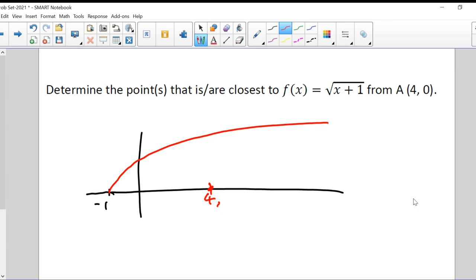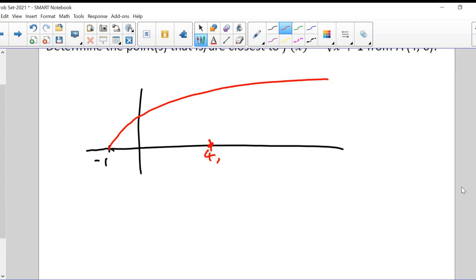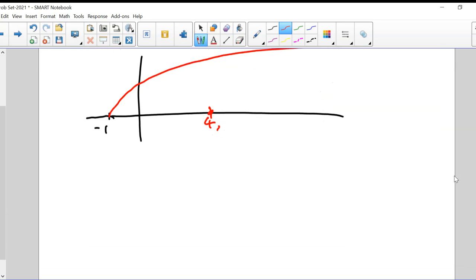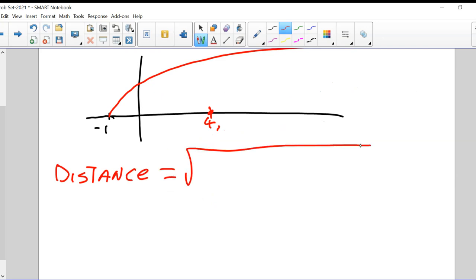Well done. So let me remind you, I know you're in grade 12 now and you think, boy, that was like grade 10. Yeah, that was grade 10. Let me remind you what that distance formula looks like. This is the distance between 2 points. It's kind of like a Pythagorean equation; in fact, it is based on Pythagoras.